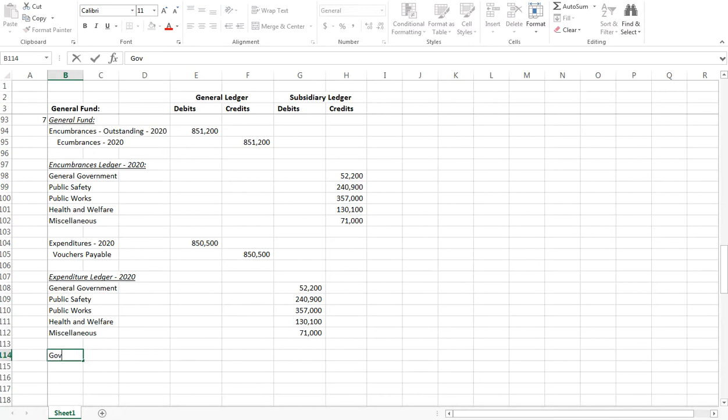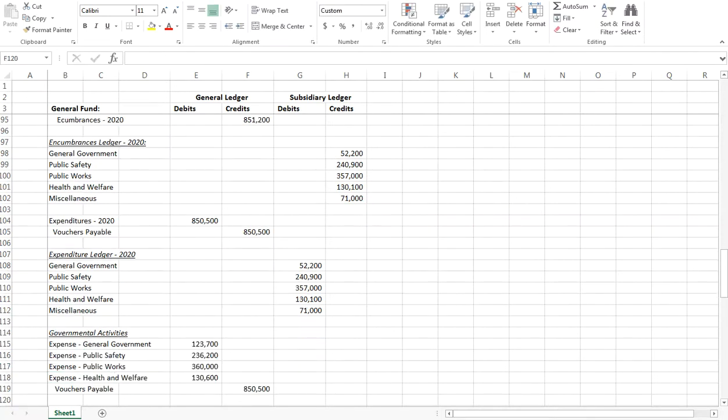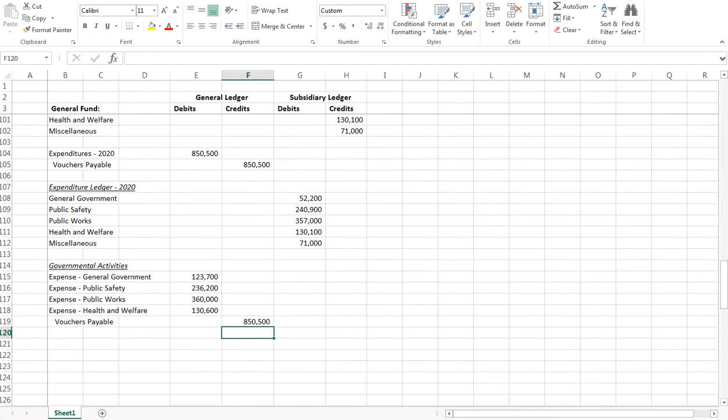Then I go to my governmental activities. So outside my general fund, my governmental activities. And I'm going to show these as expenses, each one. General government all the way down. Okay, so I showed each of those as expenses. My general government includes my miscellaneous per the directions. So I did that as they indicated.